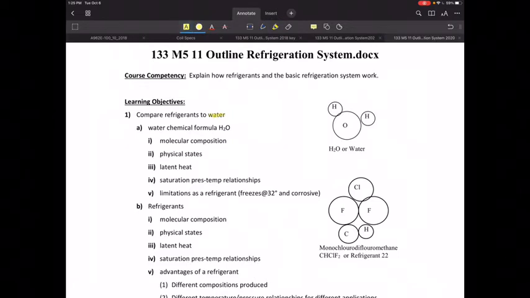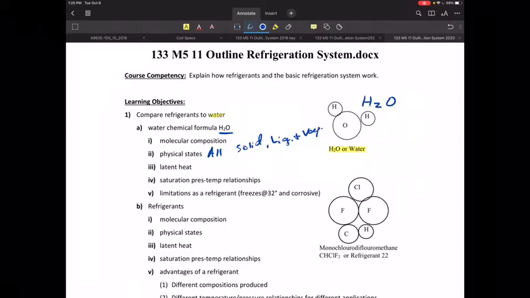Water's molecular composition is H2O, as we know. Now, obviously, its physical states, we can get all of them. It can be a solid, it can be a liquid, and it can also be a vapor. Any one of those things it can be. So it's an unusual substance.